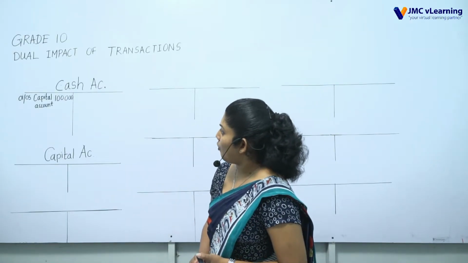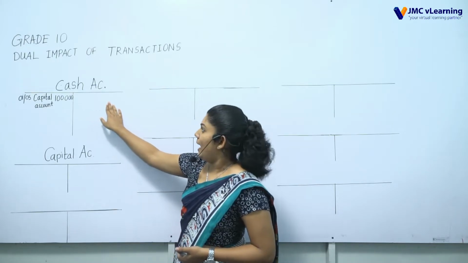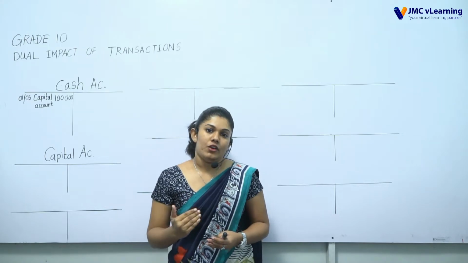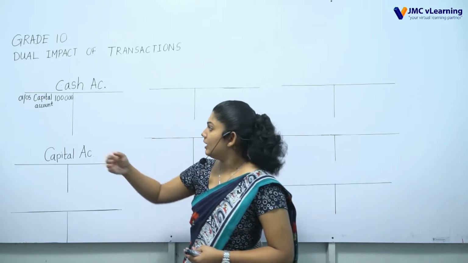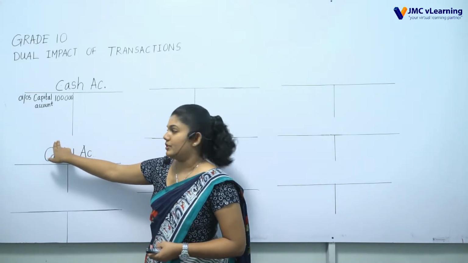So we have to open up a cash account. And I told you cash is an asset. When assets increase, we record it in the debit side, the left side of the account.